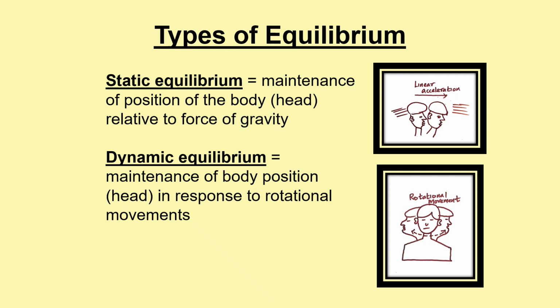When we go through a lift, it is vertical acceleration. These are examples of linear acceleration: traveling in a bus, train, or lift. Static equilibrium is maintenance of the position of the body relative to the force of gravity. Dynamic equilibrium is maintenance of the body position in response to rotational movements.